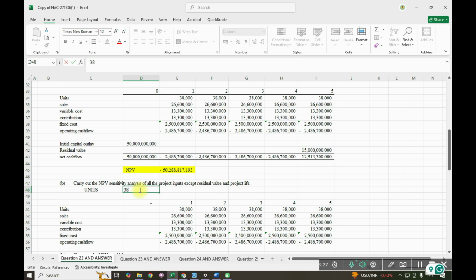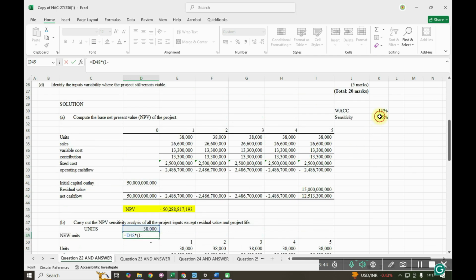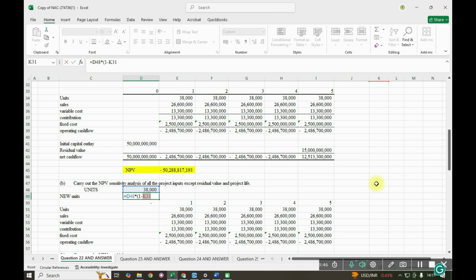Currently we have 38,000. Our new units will be these multiplied by, into bracket, 1 minus this one, 1 minus 7.5%.